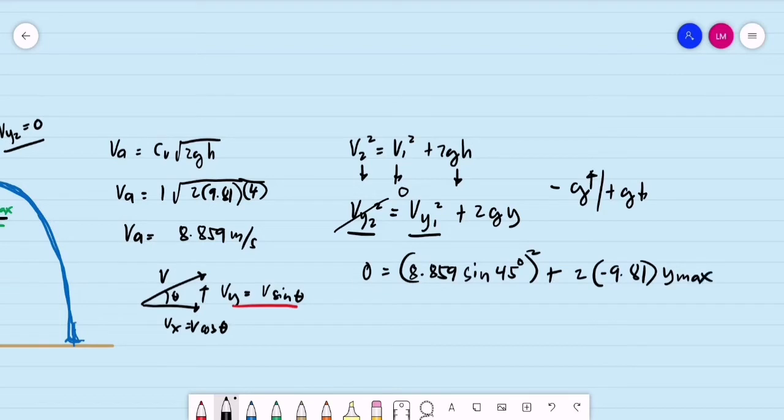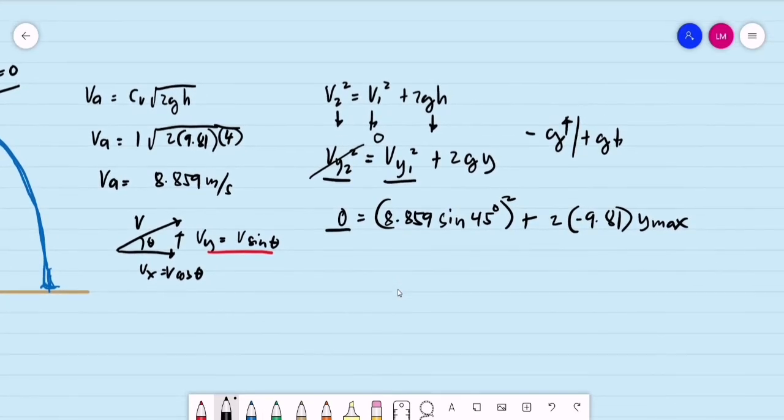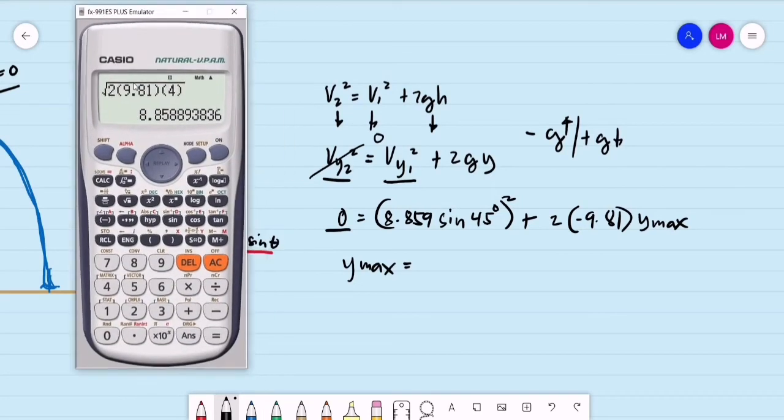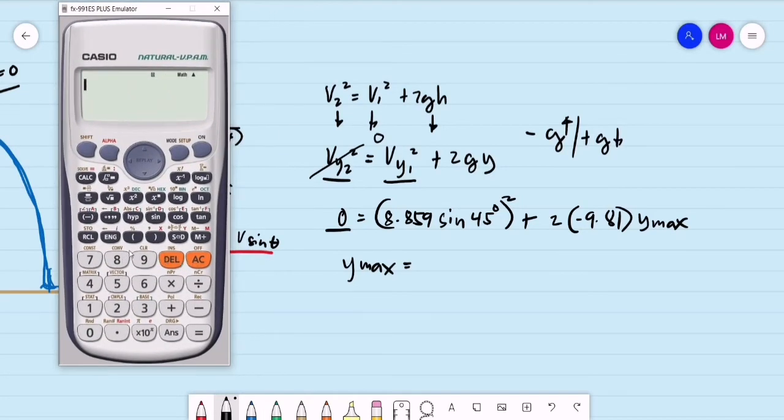Kapag 0 yung velocity at the second point or at the highest point, that is y max. So, ano yung magiging maximum height ng jet of water above the orifice, sabi naman niya. But that will be 8.859, the sine of 45 degrees. That will be squared divided by twice of the 9.81.